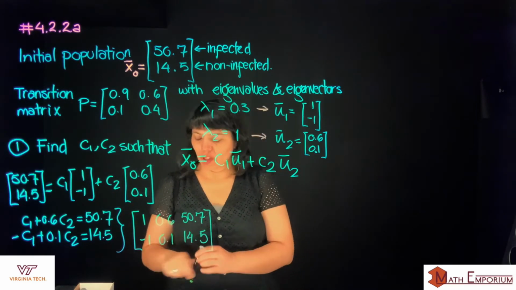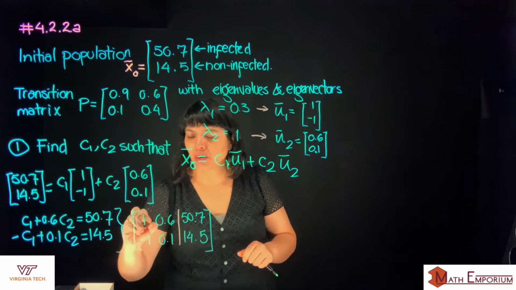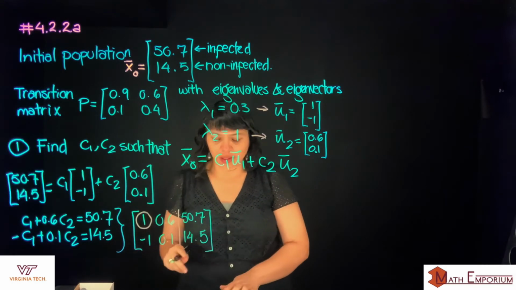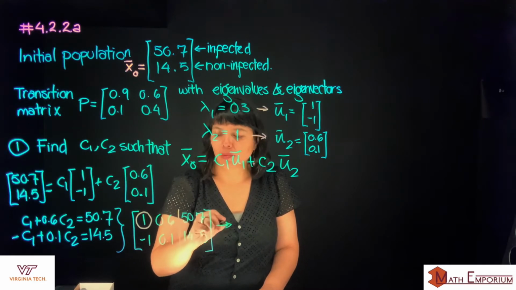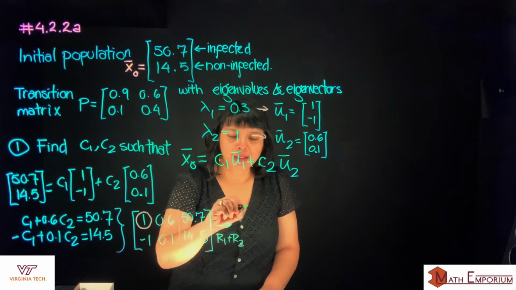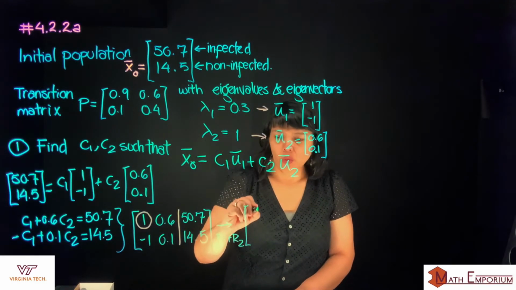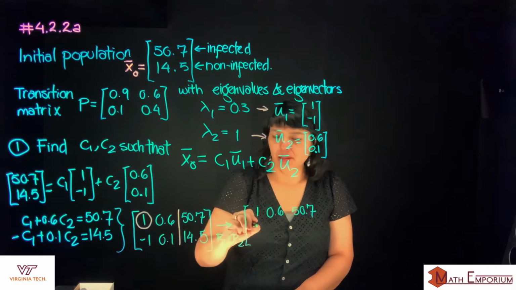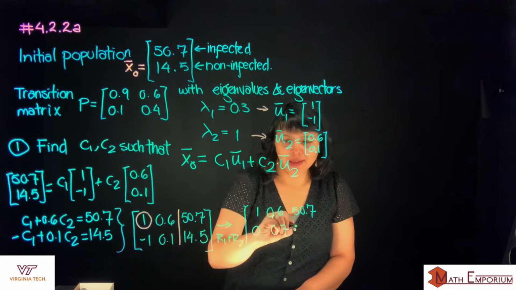Okay, so there's not much that we need to do, and that's great. So using this 1, I'm going to make this 0, so that means that I'm going to just add these two, and that means that my operation is going to be row 1 plus row 2, and that gives me 1, 0.6, 50.7, 0, 0.7, and 65.2.